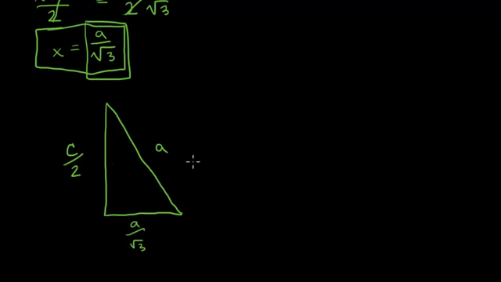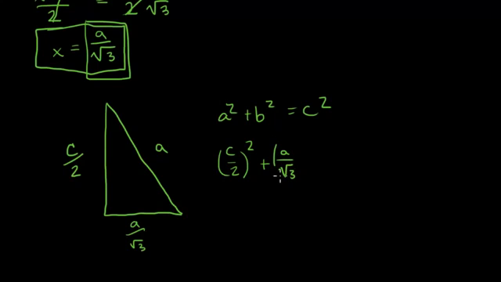The way to solve this, of course, would be to use the Pythagorean theorem. So a squared plus b squared equals c squared. We know the hypotenuse, and we're looking for one of the sides. So let's plug in first, and then we'll rearrange our terms. We have c over 2 squared plus a over the square root of 3 squared equals a squared.